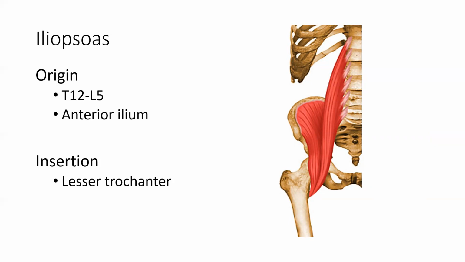So think of it as kind of the opposer to gluteus maximus. These are anterior muscles with anterior origins and medial insertion, as opposed to gluteus maximus, which has its insertion on the greater trochanter; iliopsoas is on the lesser trochanter, which is a medial landmark on the femur.